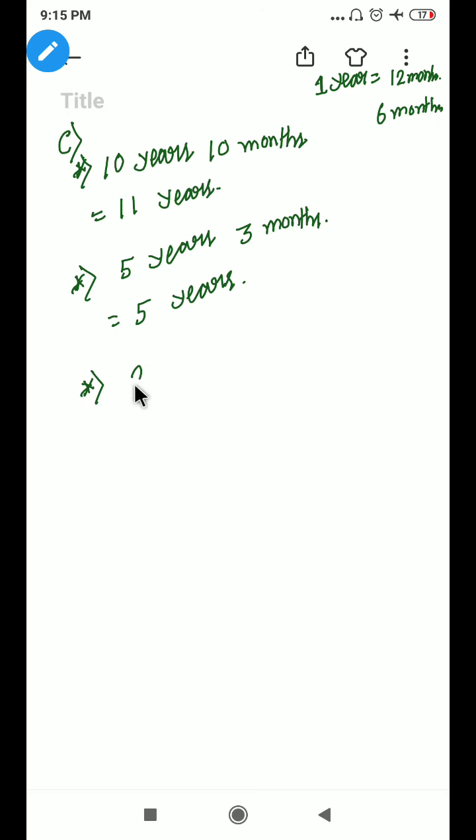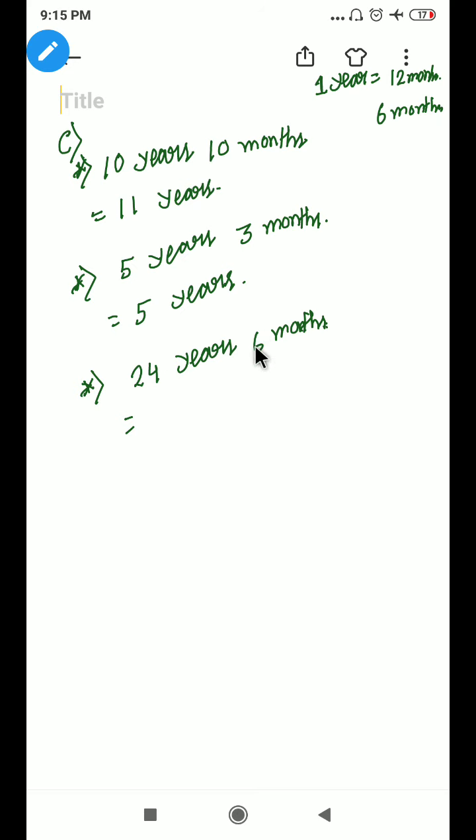The next one is 24 years 6 months. Look at the months, given here as 6. We know that if the months are greater than or equal to 6, even when it is exactly equal, you have to add 1 to the year.